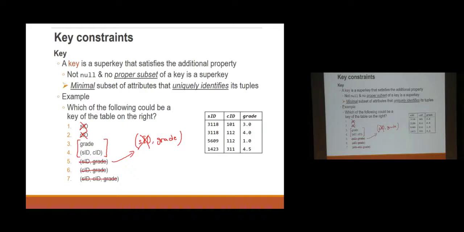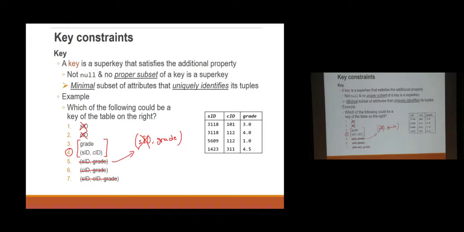And then the question is, is SID, CID a key? This is where the difference between minimal and minimum comes into play. This is a key because you cannot remove any of its attributes and still make it a super key.